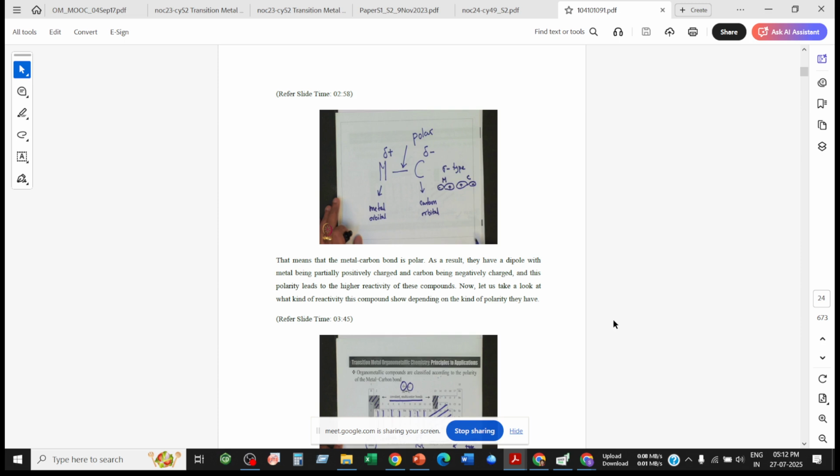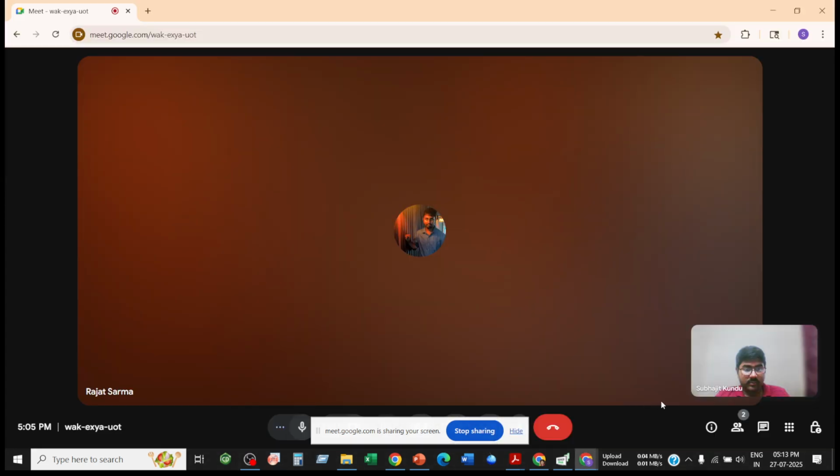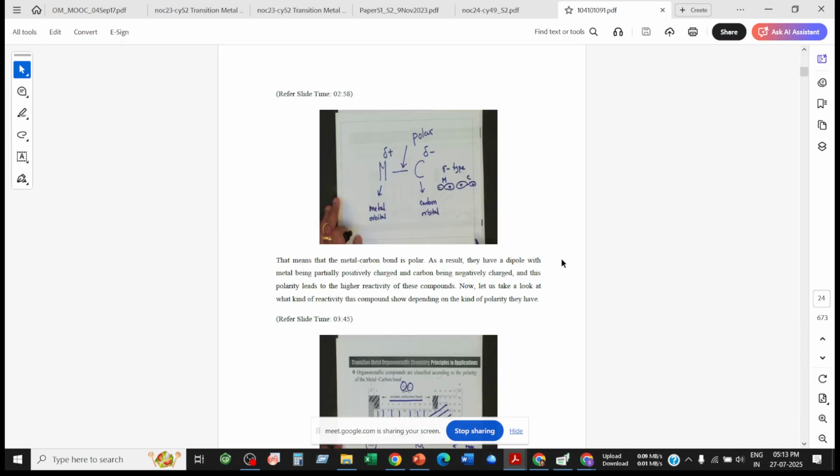The pi bond and the delta bond will always be formed after the formation of the sigma bond. So without the sigma bond, the pi bond cannot be formed, and without the pi bond, the delta bond cannot be formed.